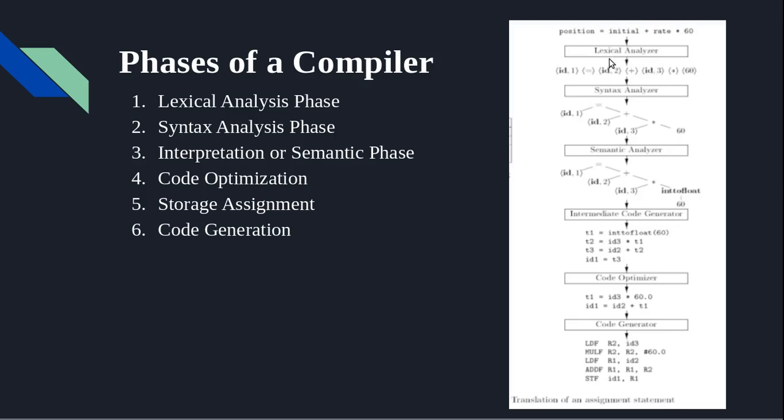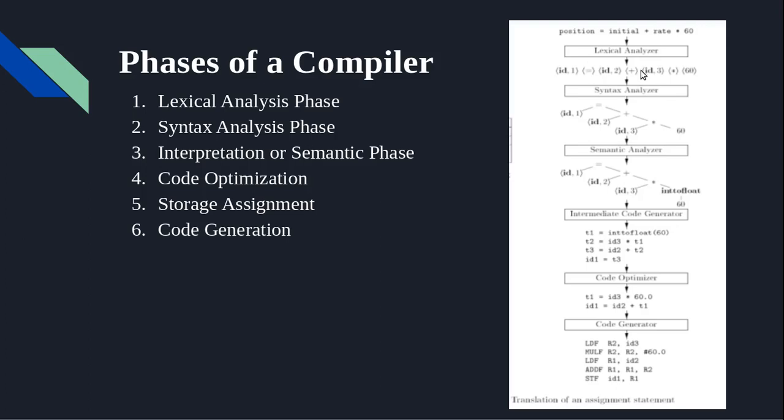So the output of the lexical analyzer will be ID1 equal to ID2 plus ID3 star 60. The source program statement has been converted into a sequence of tokens, and it contains mainly the variables or identifiers, operators and a constant. So this is the output of the lexical analyzer.